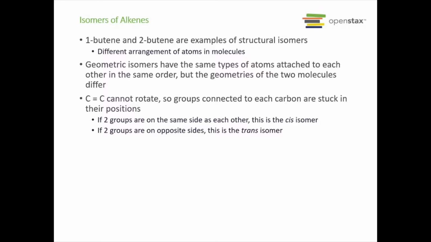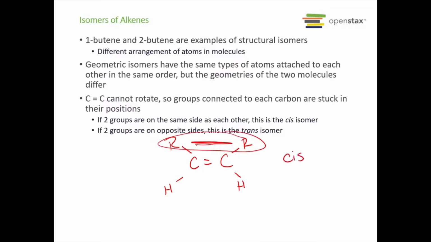So if the groups that you're looking at across the double bond, so you have your C double bond C, and let's say for instance, I'm just going to do H, H, and I'm going to put R. We use R to represent basically any type of organic chain. And so if they're on the same side, so notice they're both on top, we call this cis.